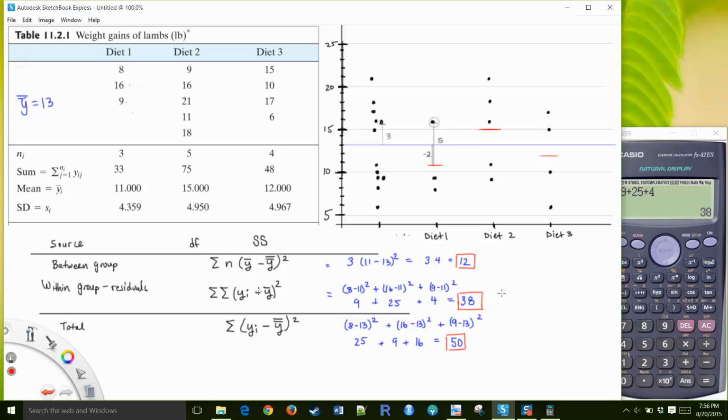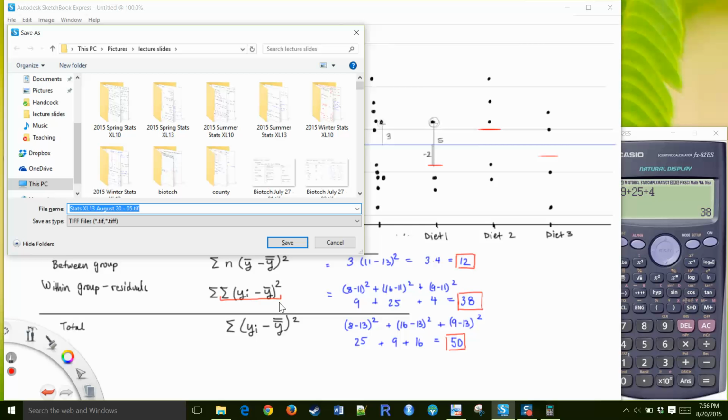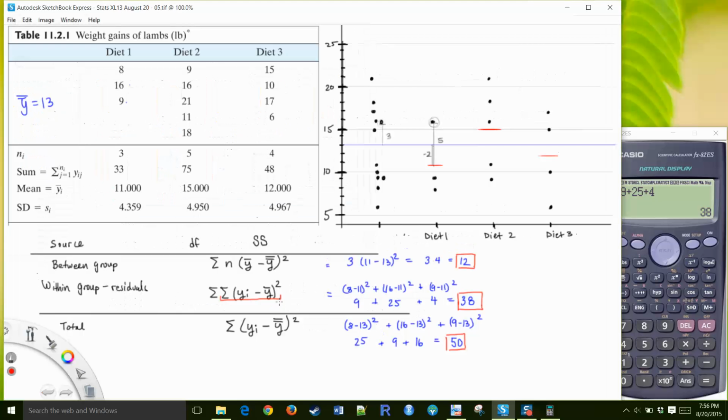So if you think back to variance being standard deviation squared, that would be the sum of y minus y bar squared over n minus 1. So I can replace the sum of y minus y bar squared with just n minus 1 times s squared.